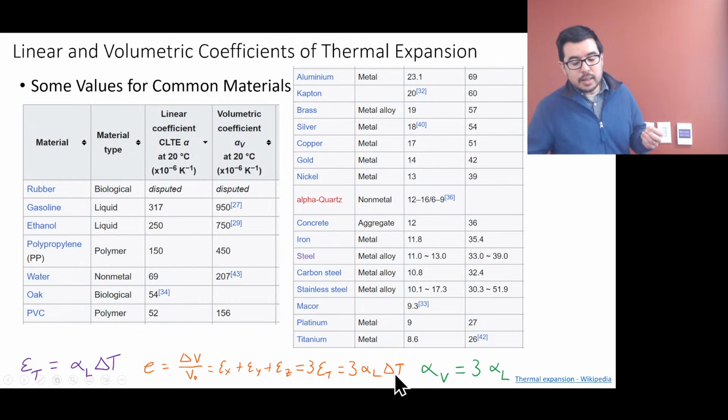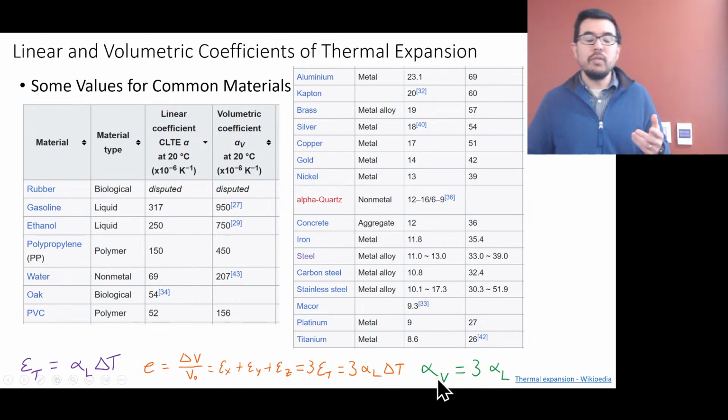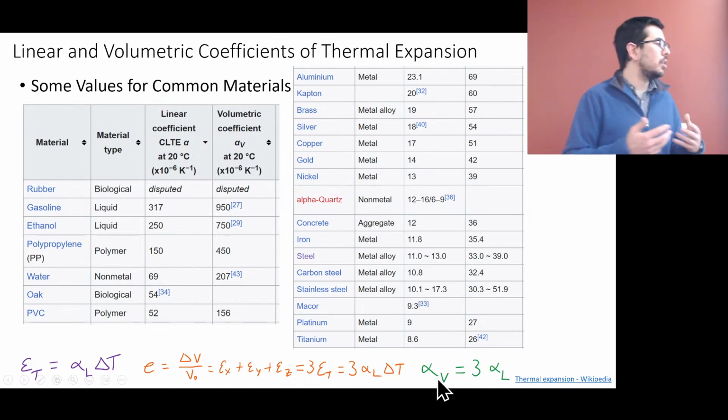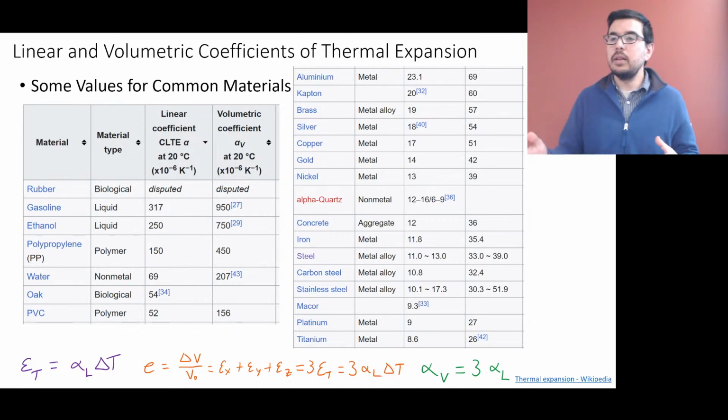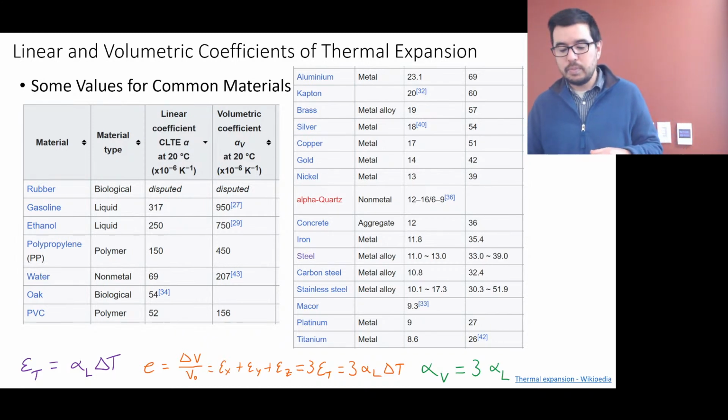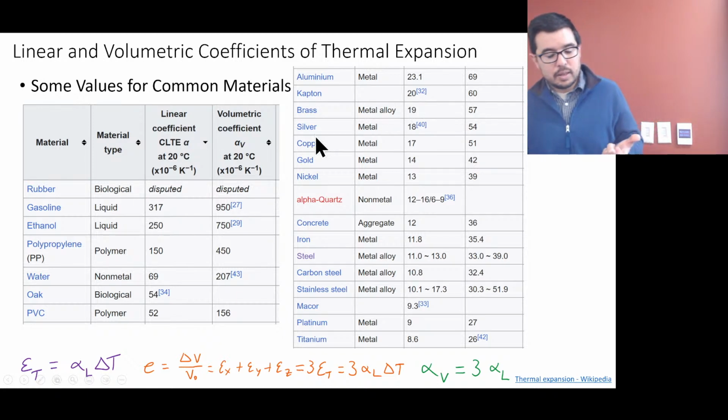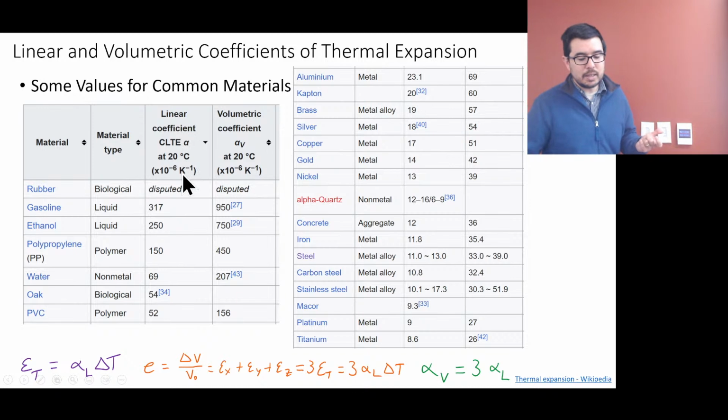I can think of a volumetric strain coefficient as just being 3 times the linear strain coefficient. And so this table does a pretty good job of showing that, okay? Kapton has a linear coefficient of thermal expansion of 20 times 10 to the minus 6 per Kelvin, and then the volumetric one is 3 times that.